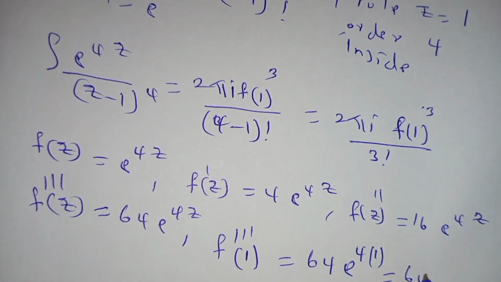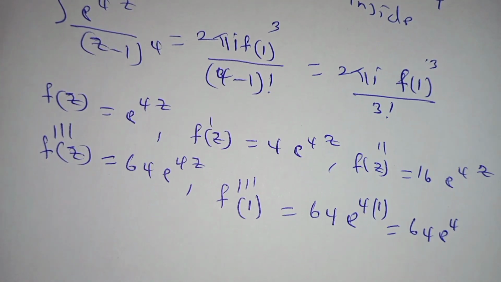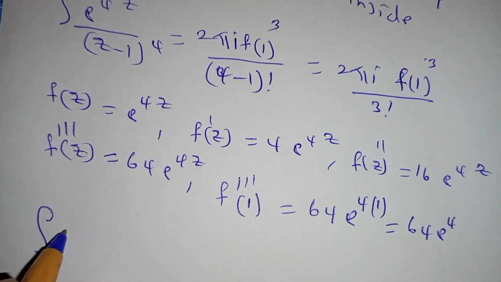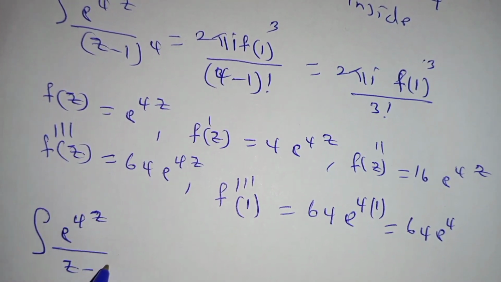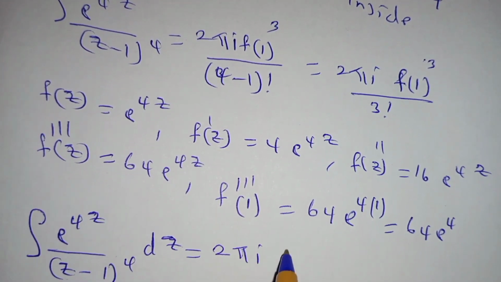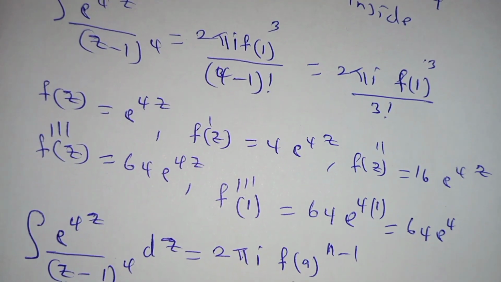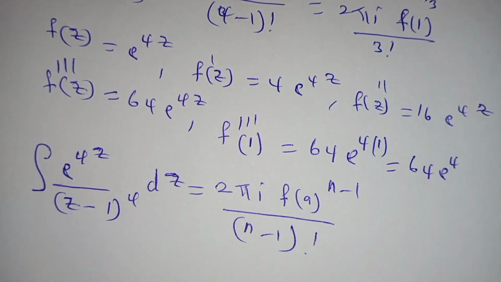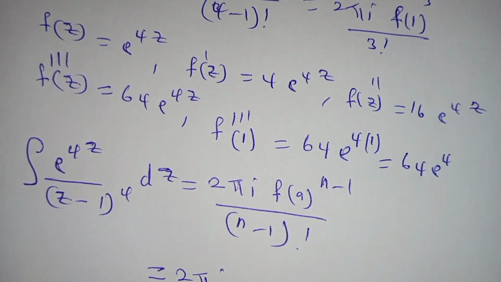Once you obtain that, we come back to our formula, which was the integral of exponential 4z divided by z minus 1 to the power 4 dz, which is equal to 2 pi I f of a to the power n minus 1 divided by n minus 1 factorial, which is equal to 2 pi I divided by 3 factorial.